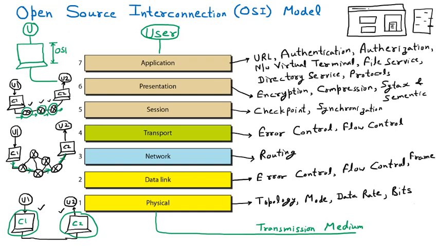Now frames are combined to make the packet. So packets are there in the network layer. Now packets are combined and make the segment. Now these are further combined, synchronized and further sent.